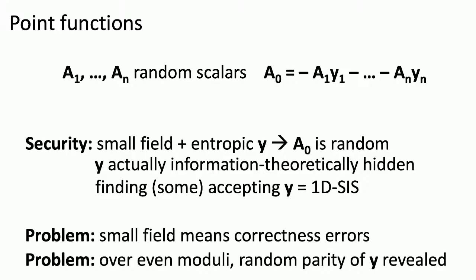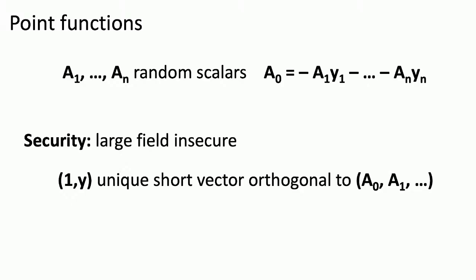I guess in general, you're revealing a random linear combination. Is that a problem? I have no idea, but it might be something you're concerned about. Over a large field, at least if it's large enough, this is actually insecure. Why?